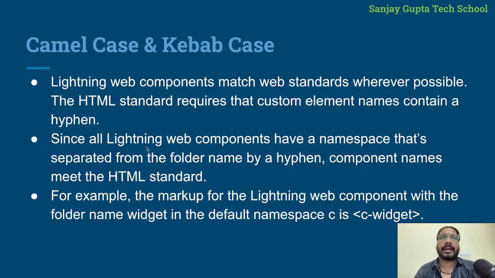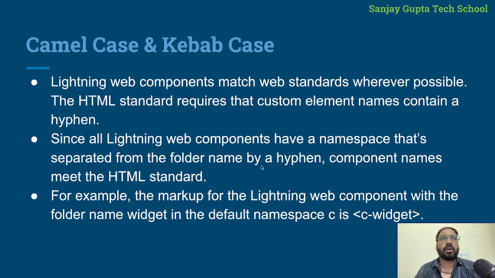Since all Lightning Web Components have a namespace that's separated from the folder name by a hyphen, component names meet the HTML standard. So basically, whenever we are using any component, we need to use it like this. At the bottom right corner, you can see if your component name is visit and you want to use that component, you need to write c-visit, right? So this is basically known as kebab case.